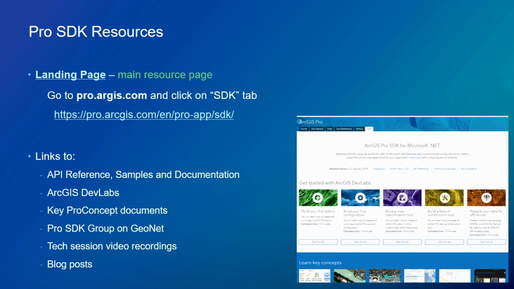We definitely encourage you to try the Pro concepts and read the Pro concepts as you try those out first. And also links to our Pro SDK group on GeoNet. I'll mention that in a little bit more. It's definitely a really great resource as you get started. We also have tech session video recordings available from previous dev summits and user conferences, as well as links to some updates on blog posts.